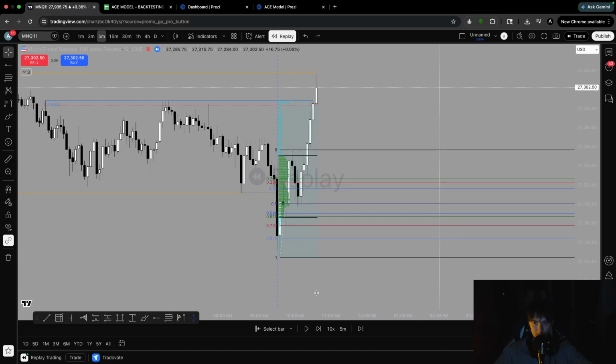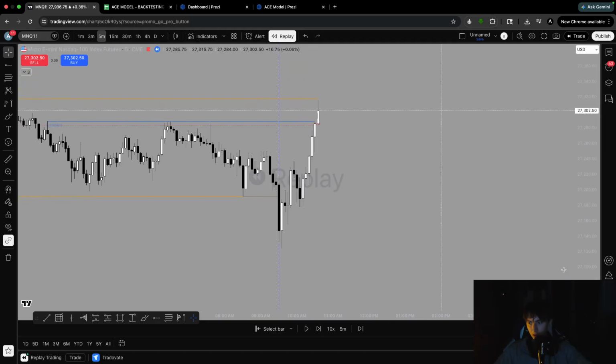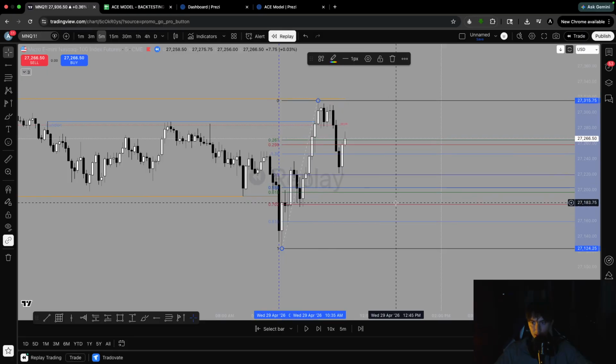Yep. Oh, but we did just sweep both this London low and London high. Looking for a retracement. I think I did take a W on this day, if I remember correctly. Yep. We hit 50% and go straight to red.